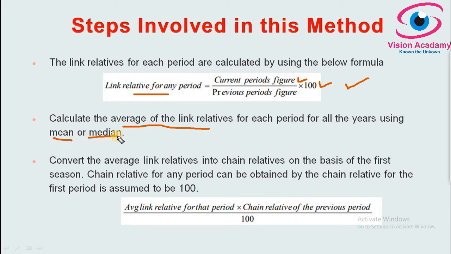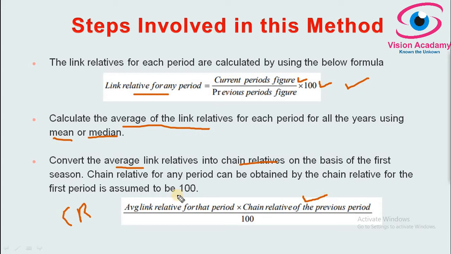After making the average, we need to convert the average link relatives into chain relatives. In step number 3, we need to find chain relatives. This is the formula for chain relative: average link relative for that period into the chain relative of the previous period, divided by 100.